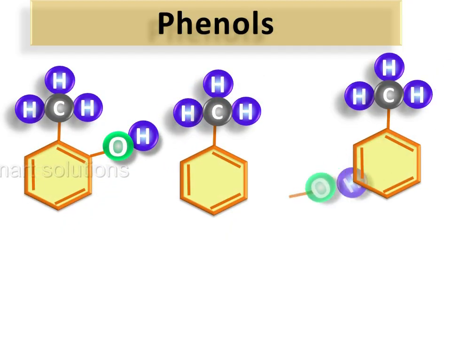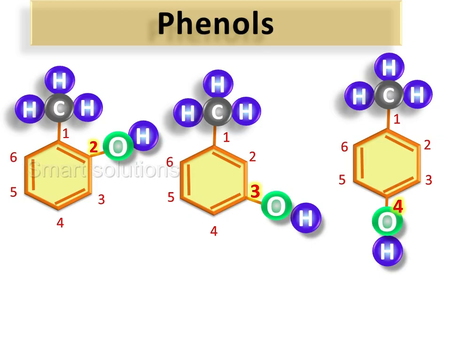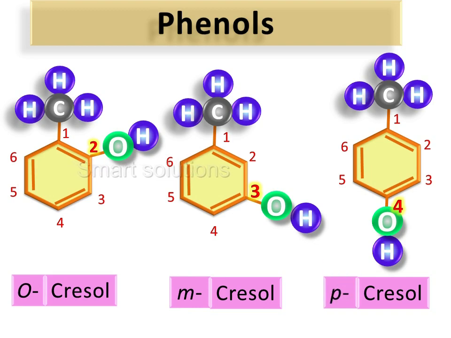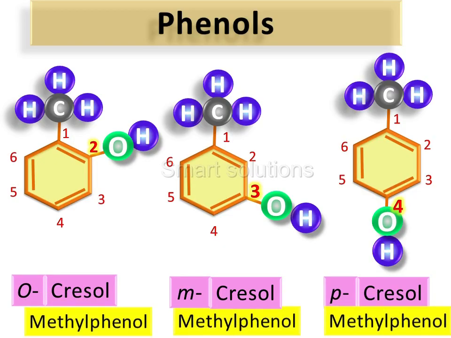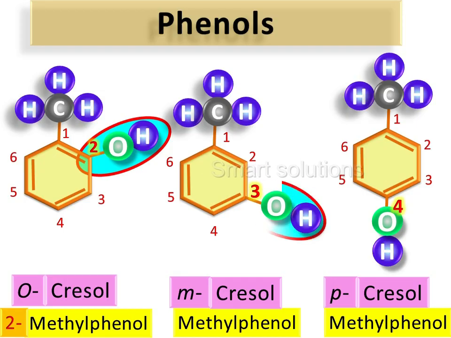Ortho, meta and para, or simply O, M and P are prefixed to the common name to indicate the position of the functional group. In IUPAC naming, numbers are prefixed to indicate the position of the functional group.